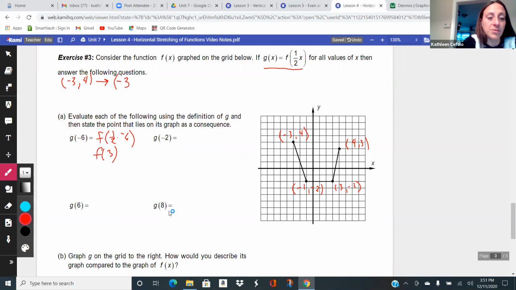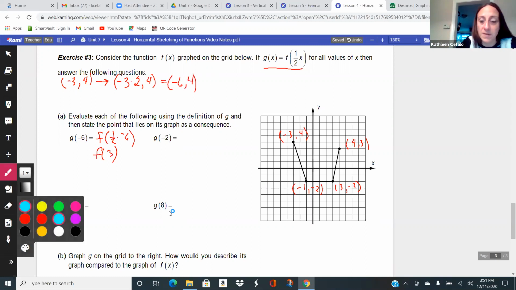So I'm taking -3 and multiplying it by 2, comma 4. That means my new location for this coordinate should be -6, 4. So I'm going to graph this out. I'm going to have -6, +4. That's my new location.